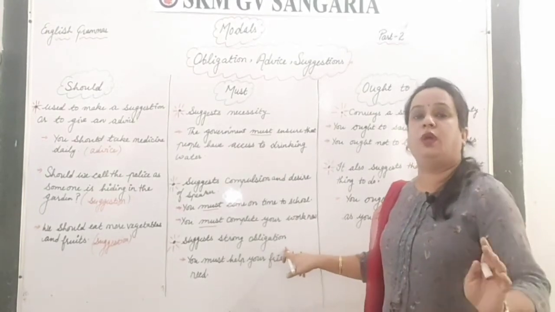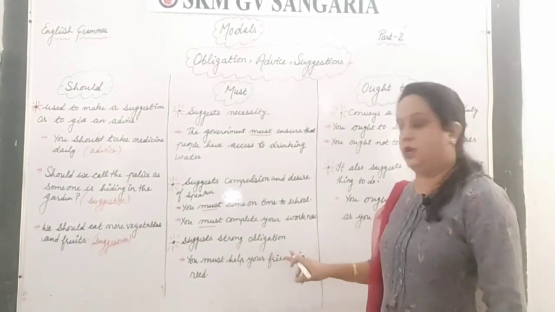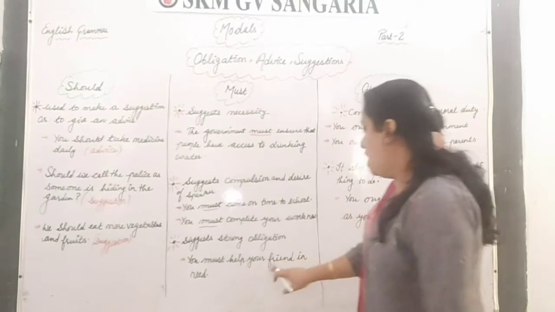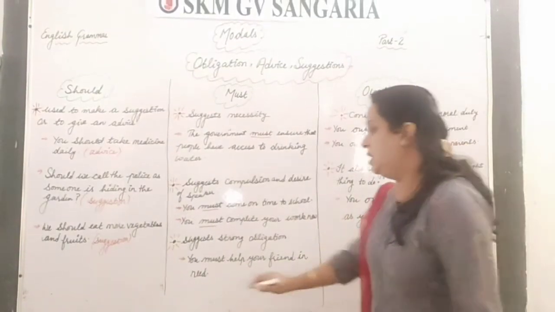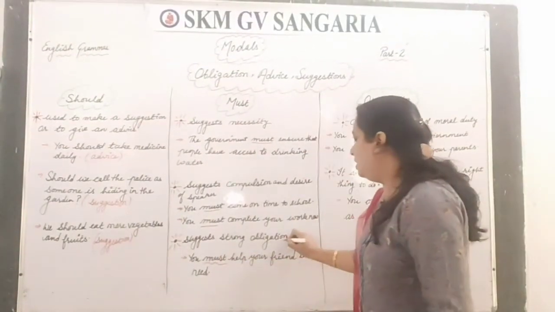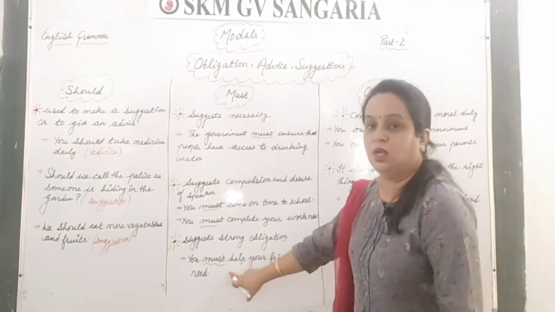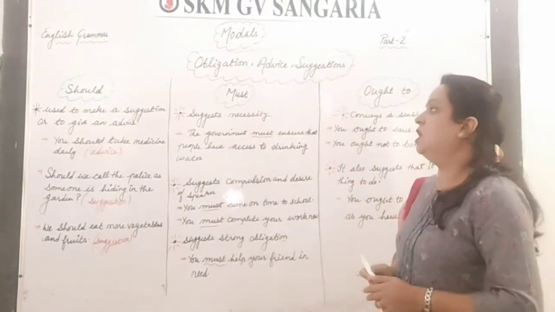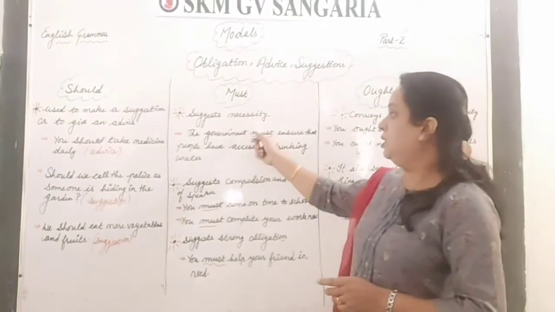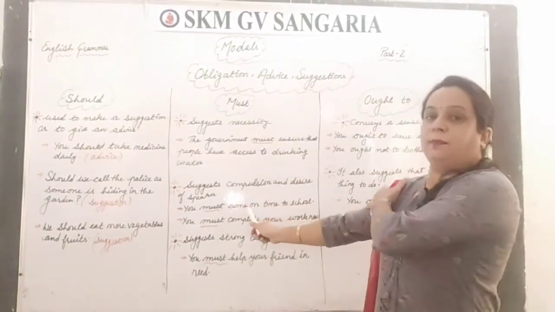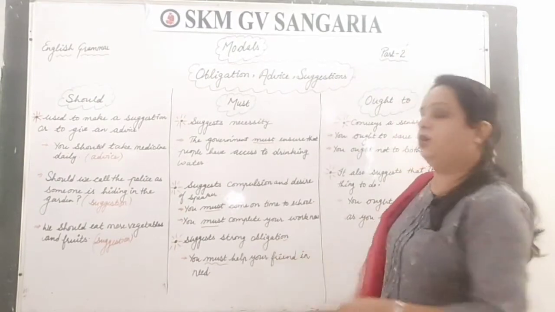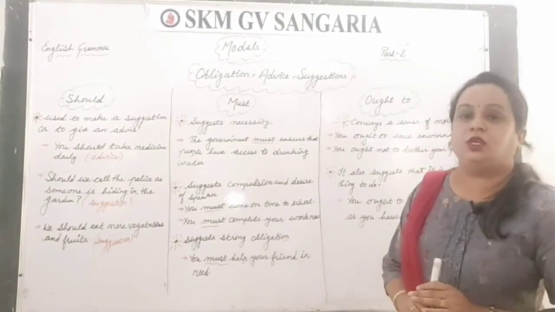You cannot do anything without that. So you must help your friend in need. So where there is obligation, there also you have to use must, right? So this was the use of must, that is for necessity also, for compulsion also, and for strong obligation also.